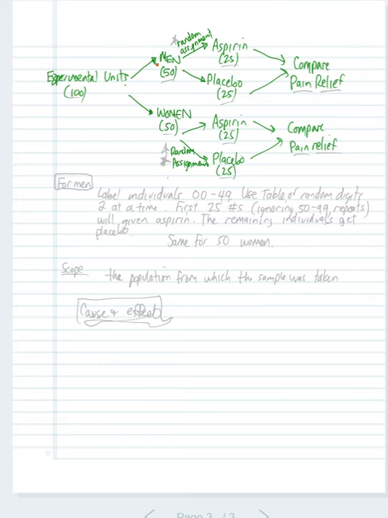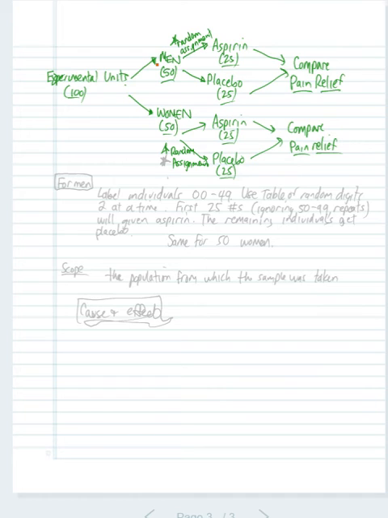So important things that you must include in this outline, if you're going to use this outline, is you definitely need to use your numbers to tell me how many experimental units are in each group. You definitely need to show that you are using random assignment. And then in the end, don't just say compare, make sure that you tell me what it is that you are comparing.